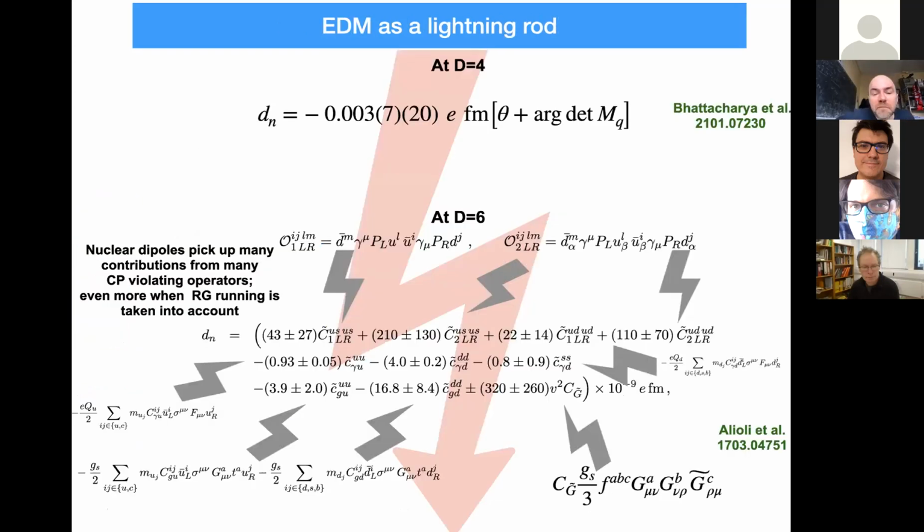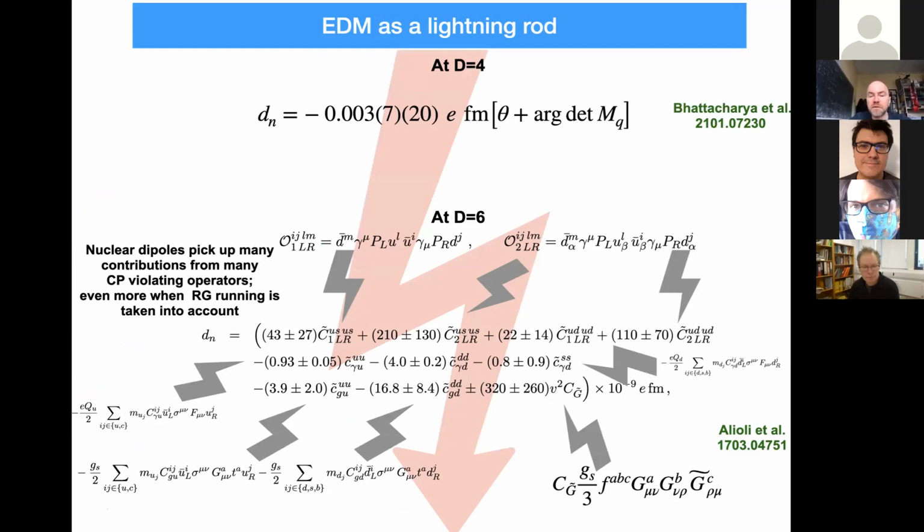Let me just give you one more thing about the electric dipole moment of a neutron. The interesting thing about it is that it acts as a sort of lightning rod. We will see this a little bit later, but let me foreshadow it a bit.